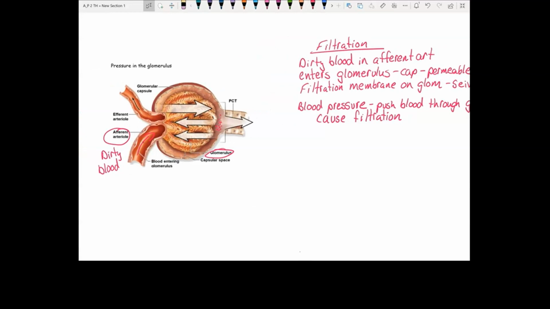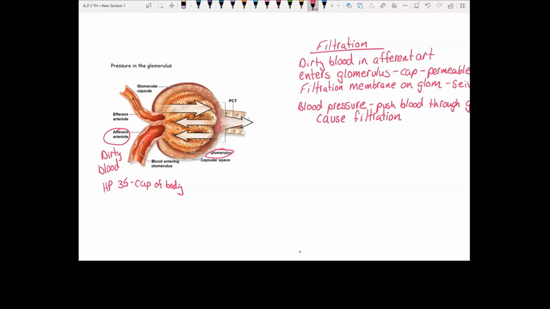If you think back also to chapter 20, we had the HP of a capillary, the hydrostatic pressure. It was 35. So that is in a capillary of your body. And if you need to, look back at chapter 20 where you labeled that. It was the first page of notes from chapter 20. It's a picture of a capillary.